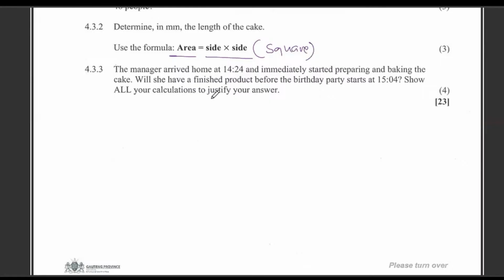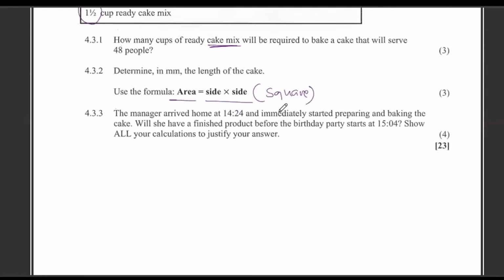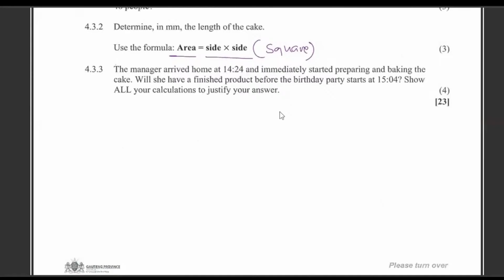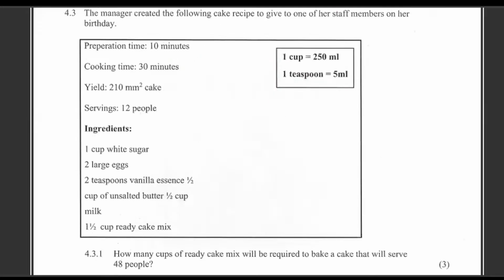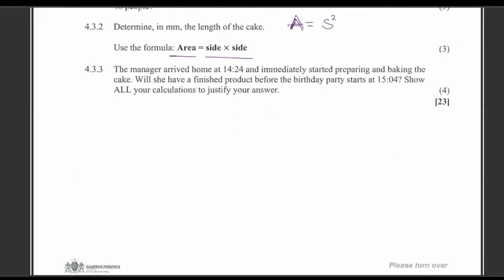So we already have the area, and we are looking for only one S. That means the area equals S squared, S standing for the side. Look at this area they are telling us, which is 210.